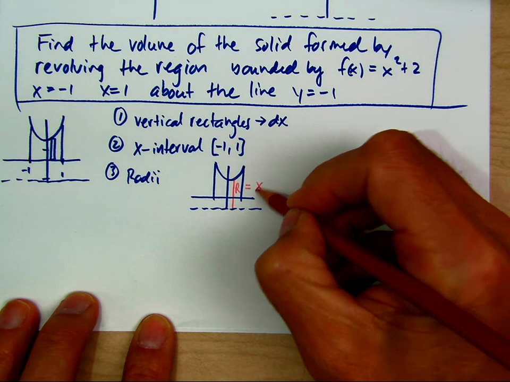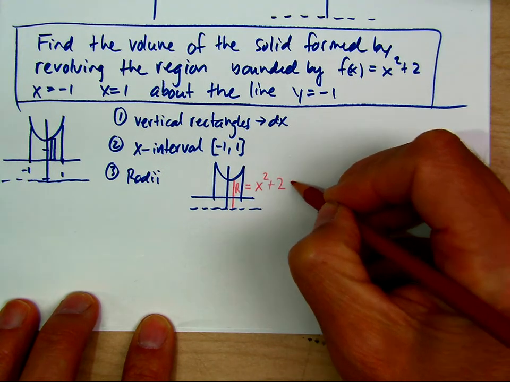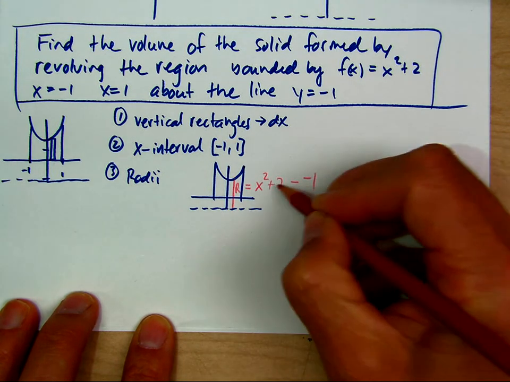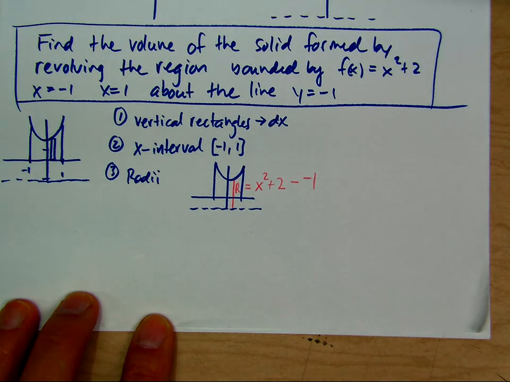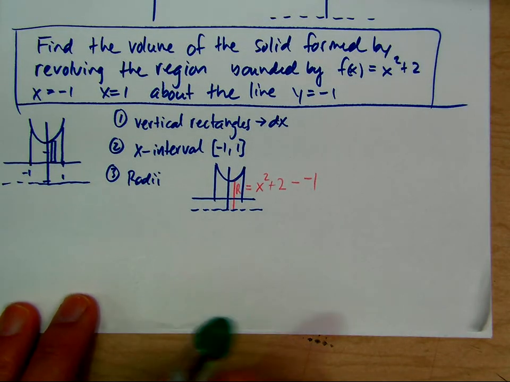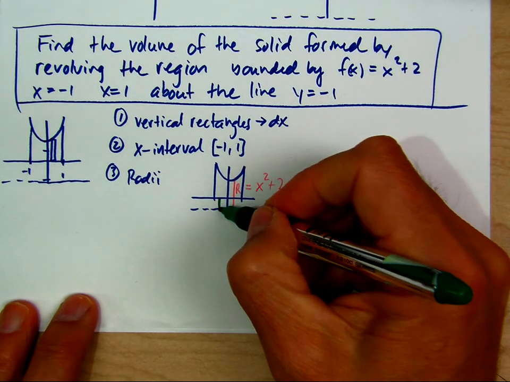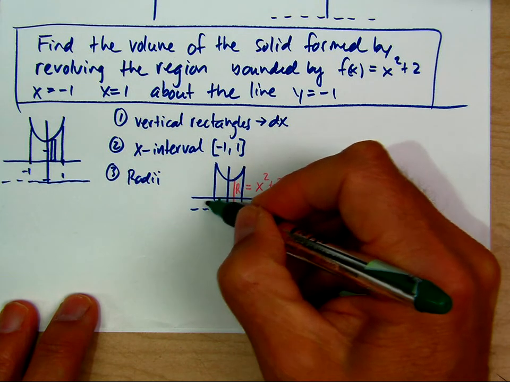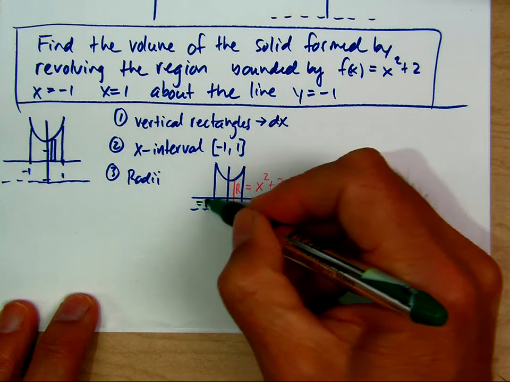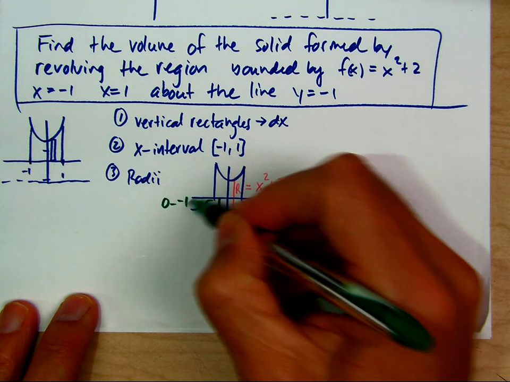So top is x squared plus 2. The bottom is -1, top minus bottom. And little r is from the axis to the closest part of the region, and that's going to be top minus bottom.